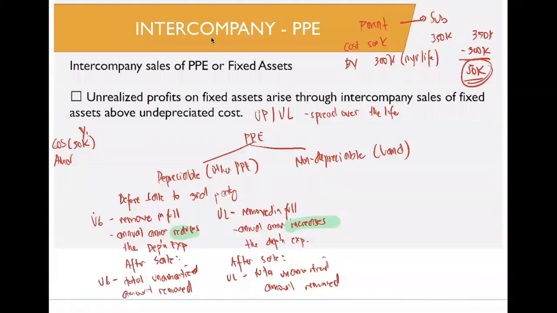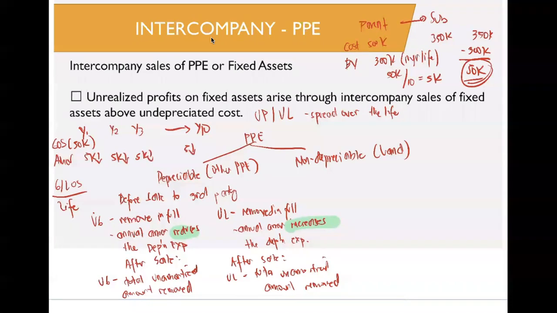What do we amortize? The gain or loss on sale over the life. Our gain on sale is 50,000, divided over the 10-year life, so we have 5,000 per year. From year 1, year 2, year 3 up to year 10, the annual amortization reduces the depreciation expense by 5,000, if it is not sold.